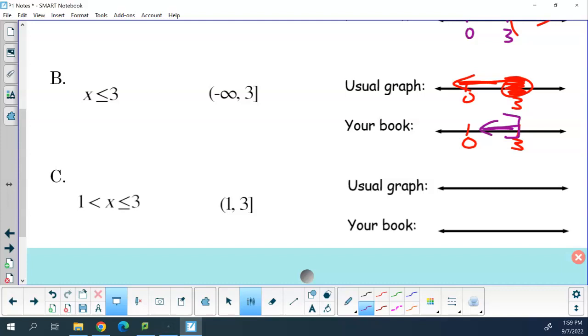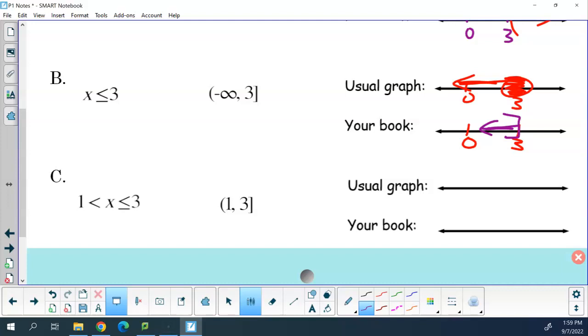A lot of you are going to read this as 1 is less than x is less than or equal to 3. Correct. Let me see if I can make it easier for you. When I see this, it's called a compound inequality, two inequalities in one. When I write a compound inequality, always the smaller number on the left, bigger number on the right, and always use less than symbols, maybe a less than or equal to. But I'll read it this way: x is between 1 and 3, including 3.